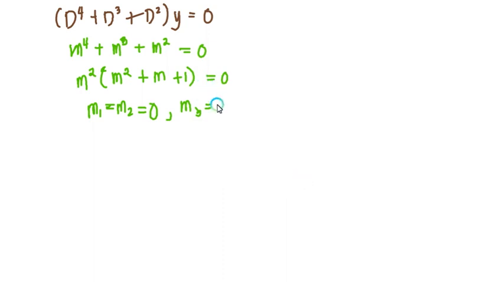Okay. Then, we have M3 ko. So, negative 1 half plus square root of 3 halves i. Then, akon nga fourth, M4 is equal to negative 1 half minus square root of 3 halves i.